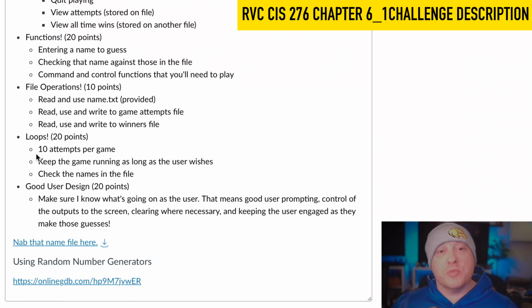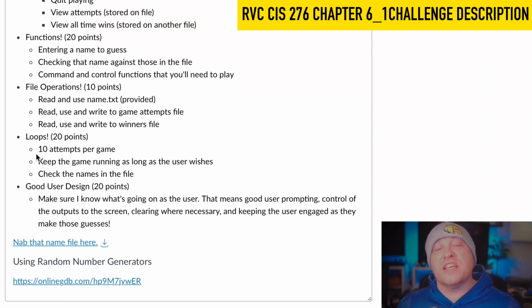So next we have loops. Like I mentioned, you've already built many of these. For 20 points, the following are going to be true. So I'm going to look for these to be true. Number 1 is I get 10 attempts per game. So however you want to manage my looping structures is fine, but I want to make sure that as I'm coming through and making the guesses, I get 10 attempts per game. So that's number 1.